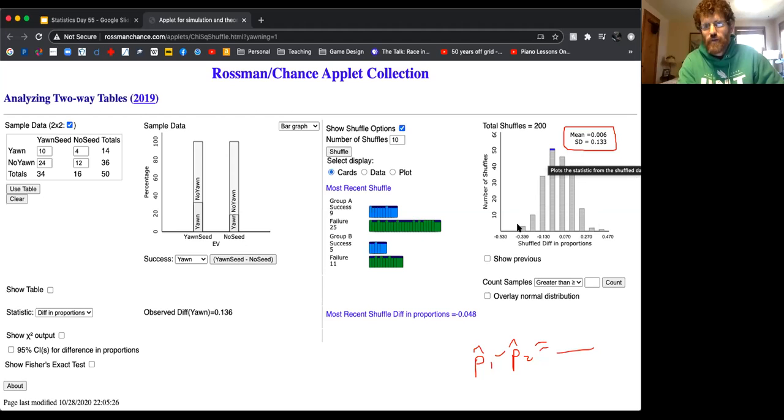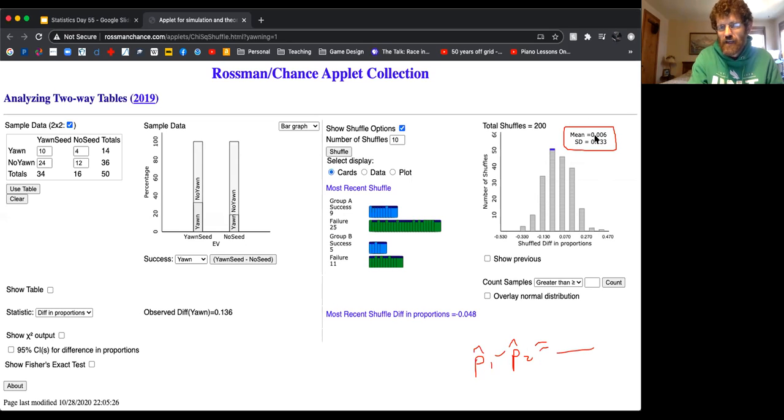So now what I want to do is pretend, what if I could come up with a true sampling distribution for this difference? Then what would my mean and standard deviation be? Well, the mean is just going to be the true difference between population proportion 1 and population proportion 2.